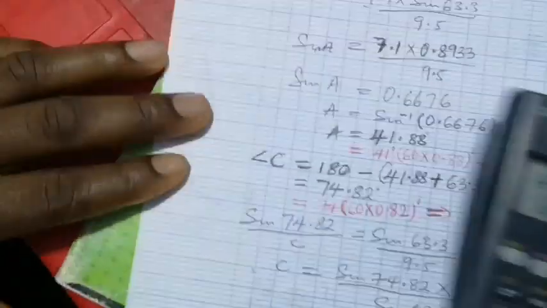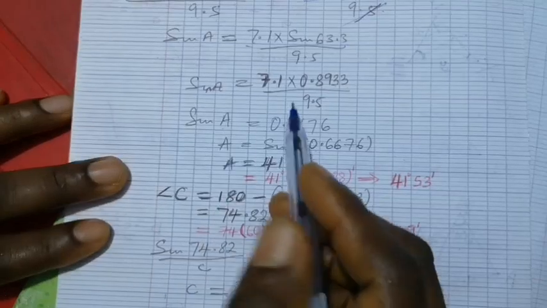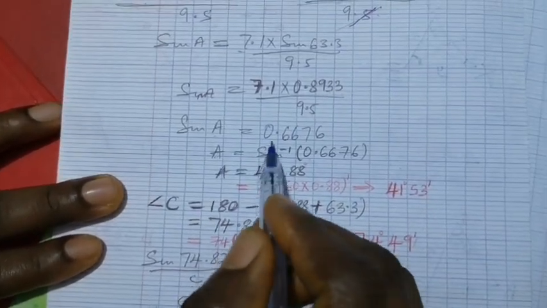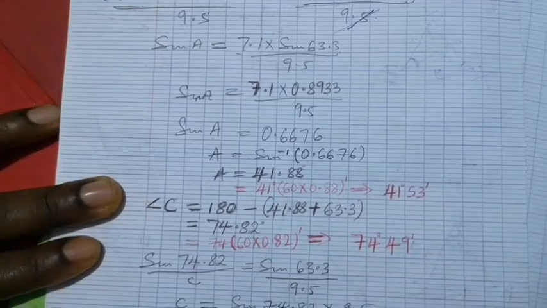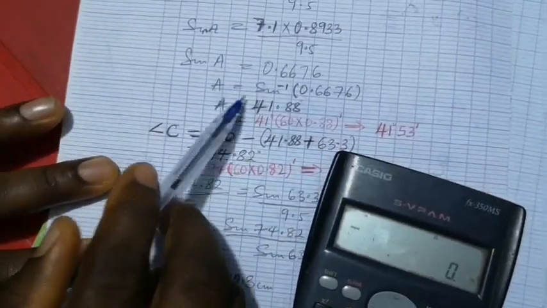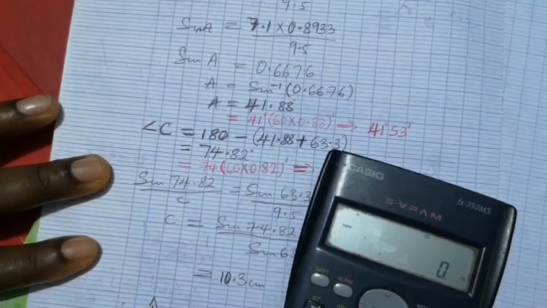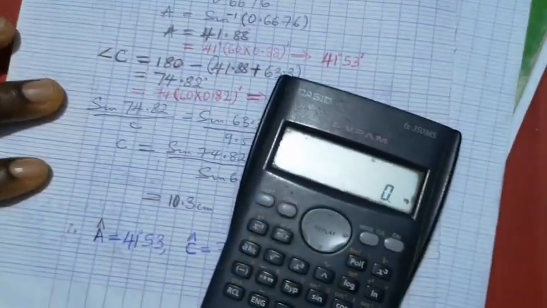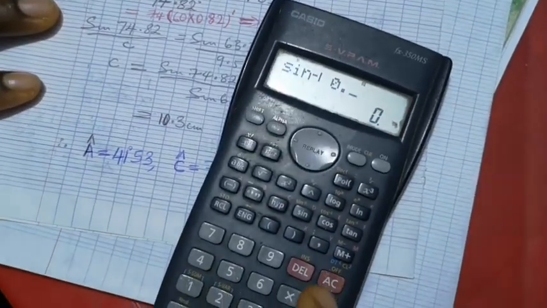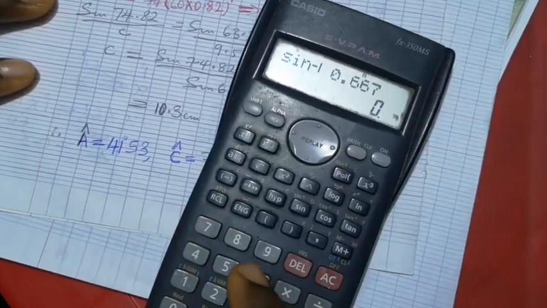Now remember that what you have just found is only sine A. For you to find A, you have to do sine inverse of what we have here. So we now do sine inverse of 0.6676, which is second function sine 0.6676.